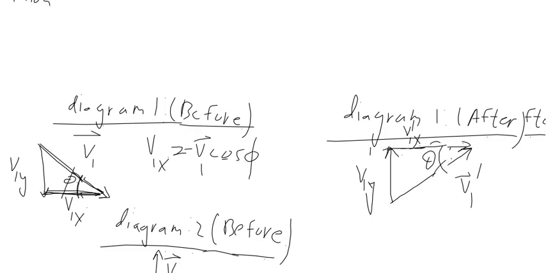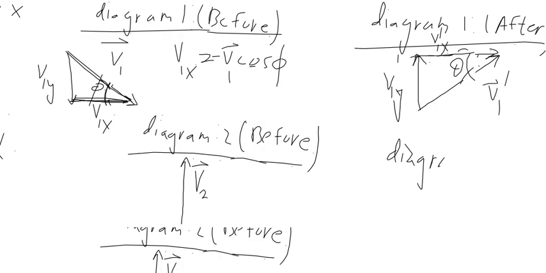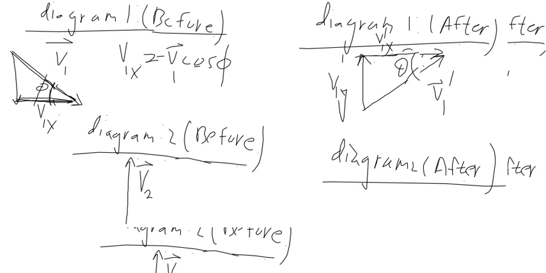We're going to have to make a diagram 2 after as well. So diagram 2 corresponds to the mass m2 after it has collided with mass m1. What happens to its velocity components? Let's look at this now. Once mass m2 collides with mass m1, it doesn't completely eject, it goes vertically upwards.